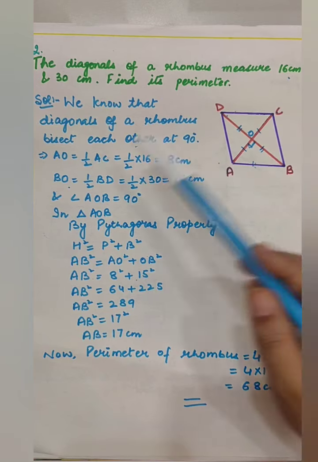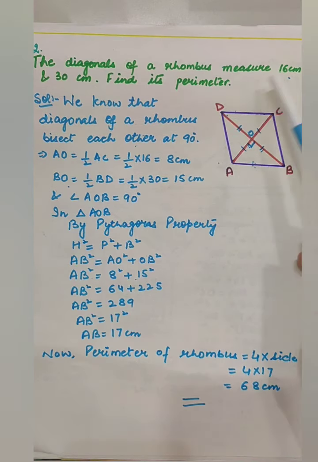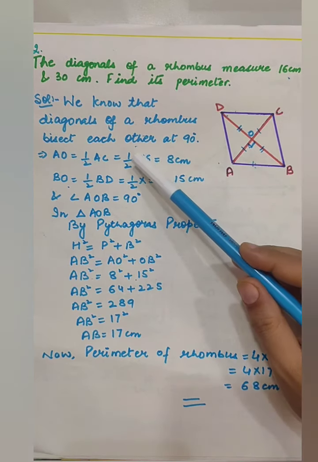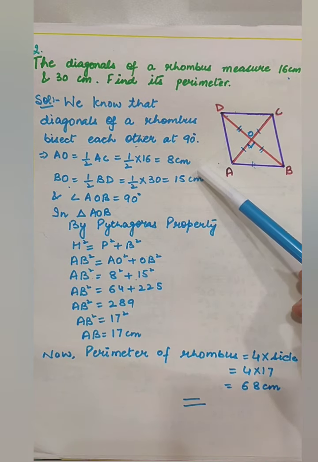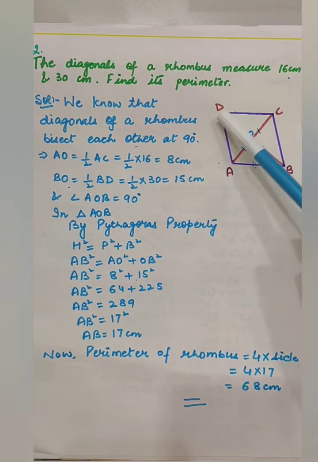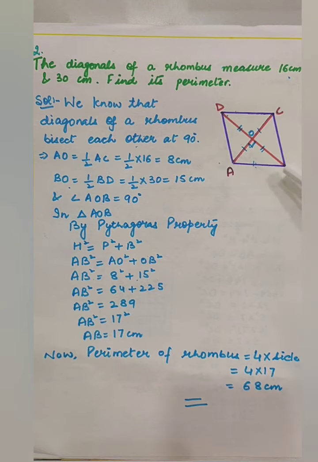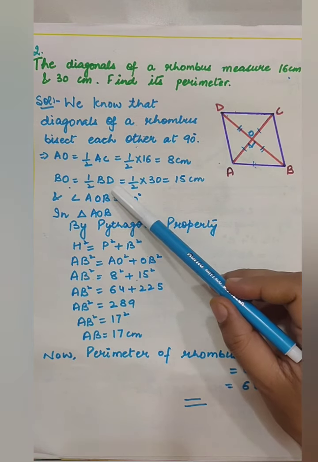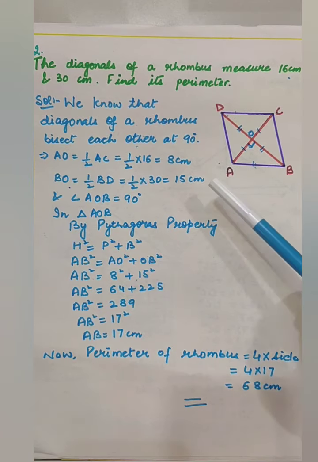So AO is half of AC. Let the length of AC be 16 centimeter. So this becomes 1 by 2 into 16, which is 8 centimeter. Next, let the length of the other diagonal BD be 30 centimeter. So BO is half of BD, that is half of 30, which is 15 centimeter.